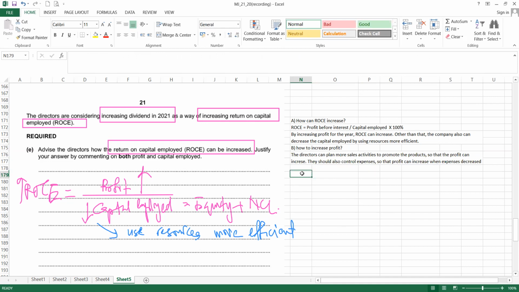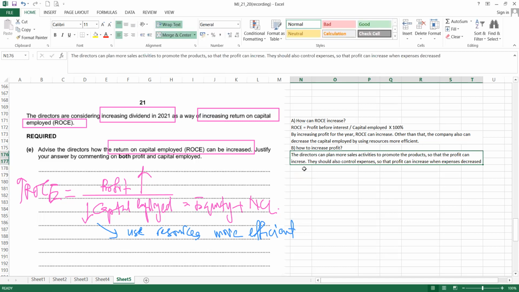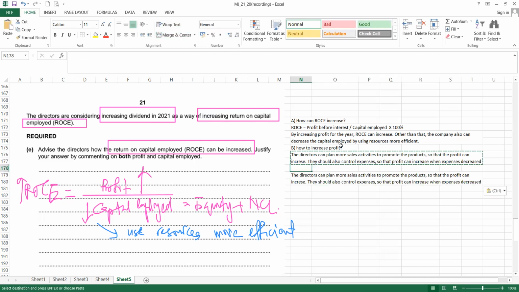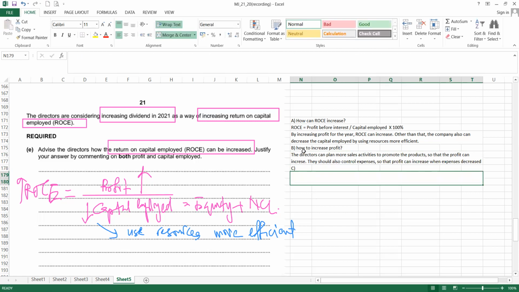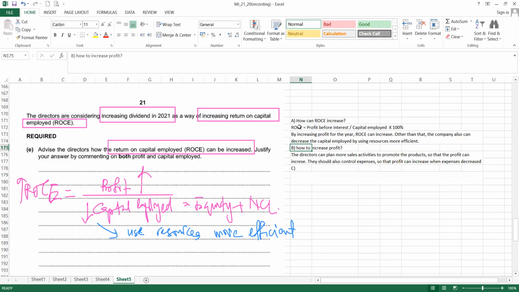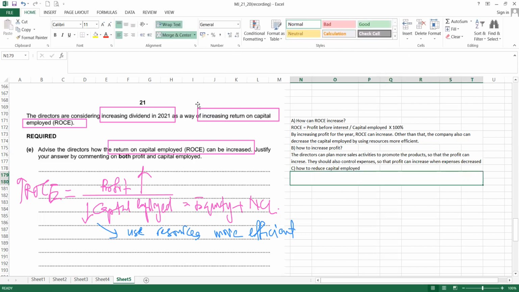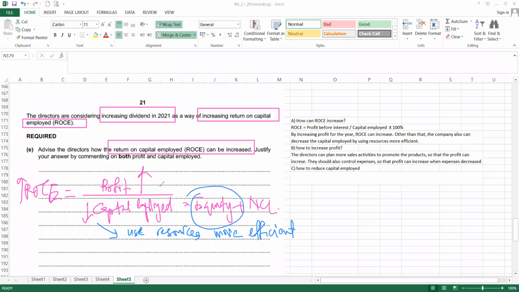Okay, now next, number C, the third point that we should talk about. We already talked about how to increase, then now we need to talk about how to reduce the capital employed. If you see the components of the capital employed, equity.